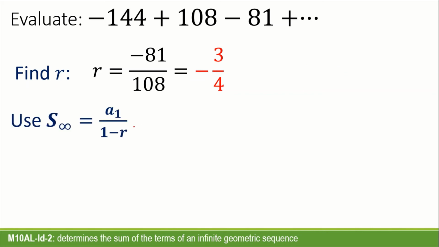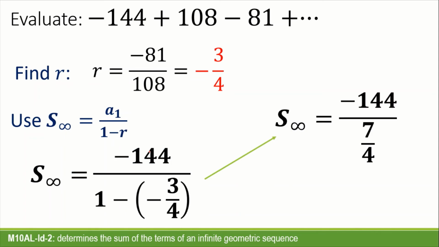So, we can use the formula sum to infinity is equal to a sub 1 over 1 minus r. Substitute the first term, negative 144, all over 1 minus negative 3/4.